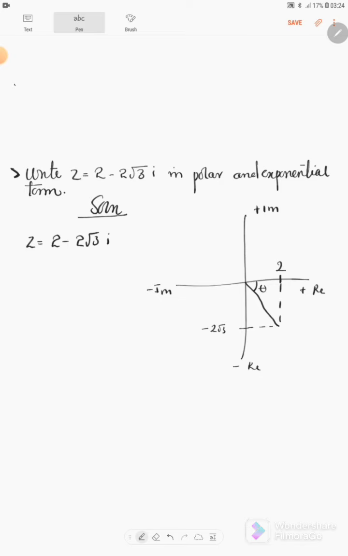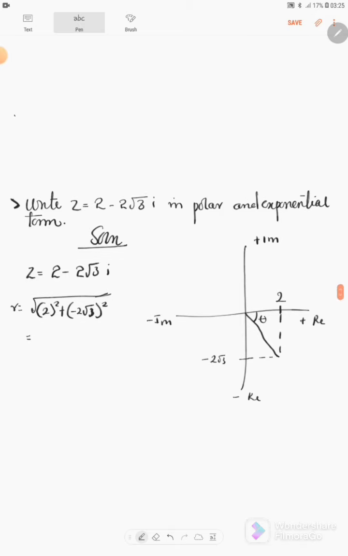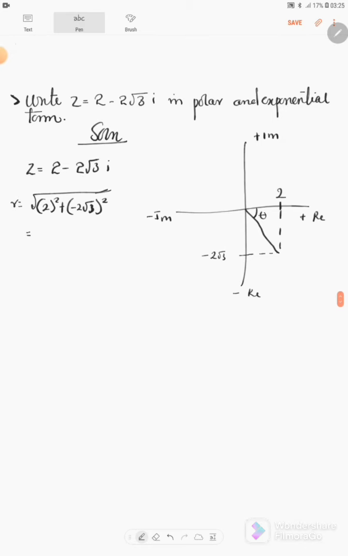Okay, let's find out r equals the square root of a squared plus b squared, plus minus 2 root 3 squared. Let me use a calculator to do this, so it won't take time. That's 2 squared plus open bracket minus 2 root 3 squared.